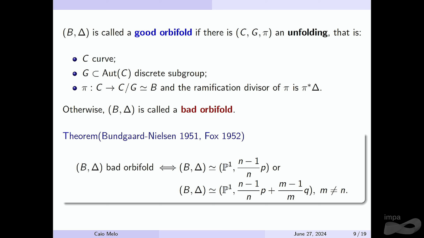And when this doesn't happen, we have the notion of bad orbifold. Thanks to Bungard, Nilsson, Fox, the bad orbifold is a simple case. So it must be P1 with only one multiple point, or P1 with two multiple points.